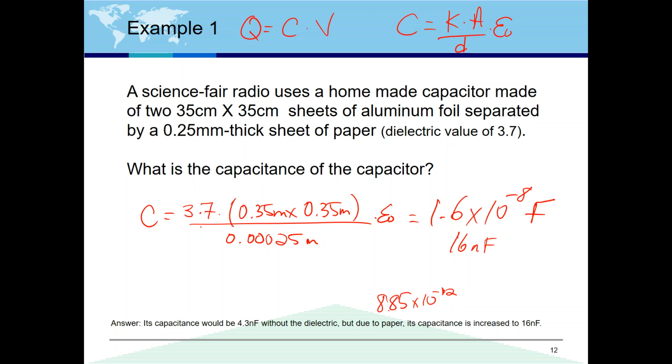It holds that much more charge. It's actually deadly at that point. They don't really exist for consumer use. If you go to an electronics store and you're trying to make your own circuit, you won't be able to find that. But they do exist and they're used for bigger things.